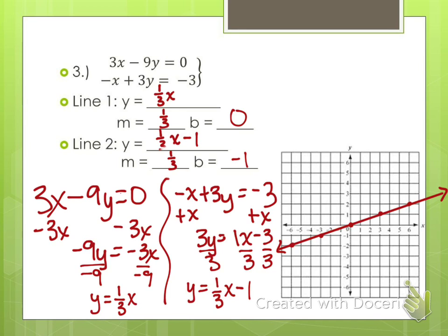We start our graph at -1, and then to get more points we have the same slope, so we're still going to either go up 1 right 3 or down 1 left 3.